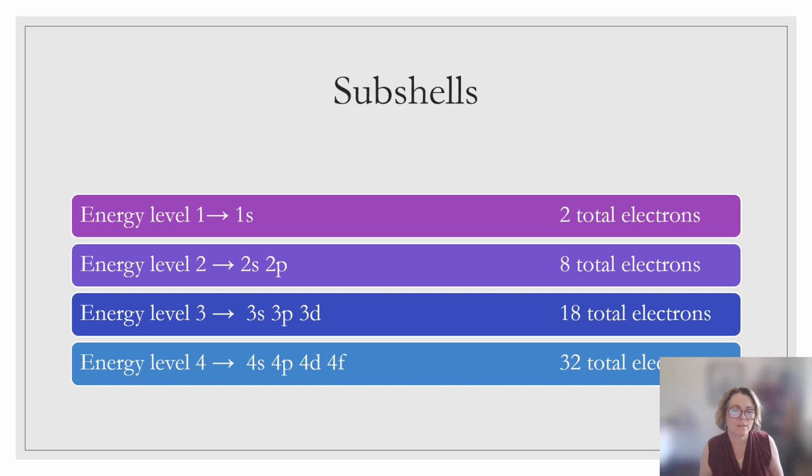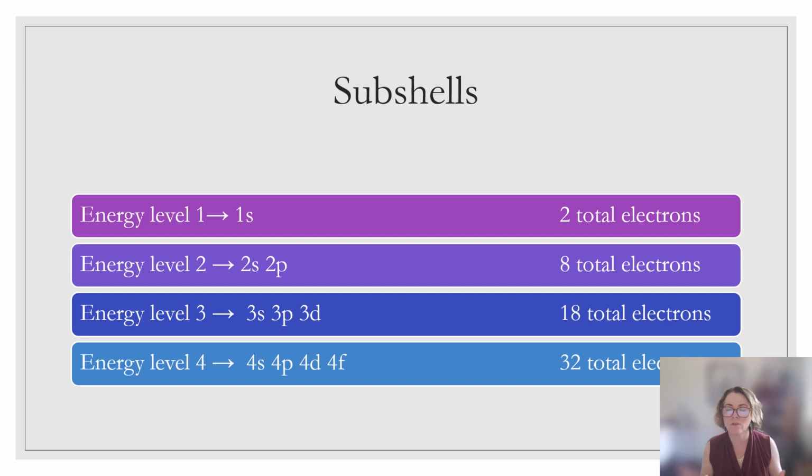Remember that the S subshell holds 2 electrons, the P subshell holds 6. So for that full energy level, I have a total of 8 electrons. For energy level 3, I have S, P, and D. S are 2 electrons, P are 6 electrons, D are 10 electrons.